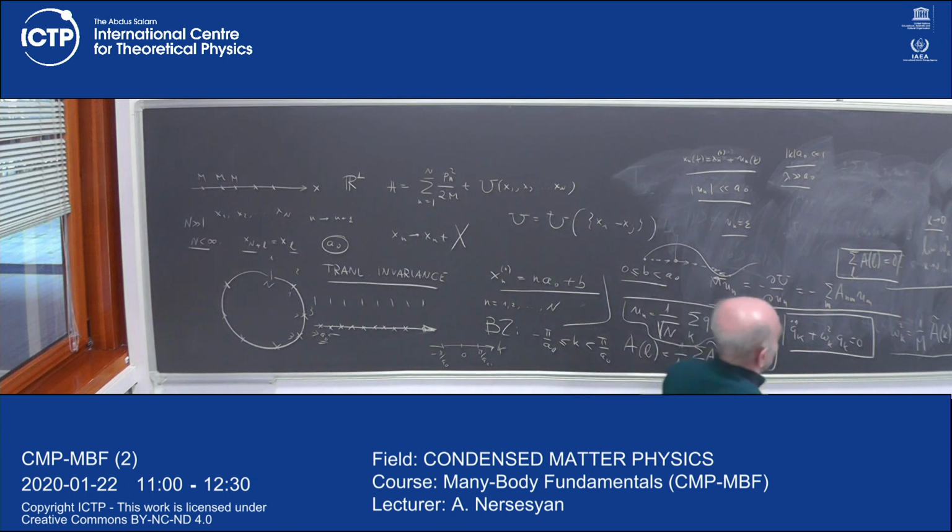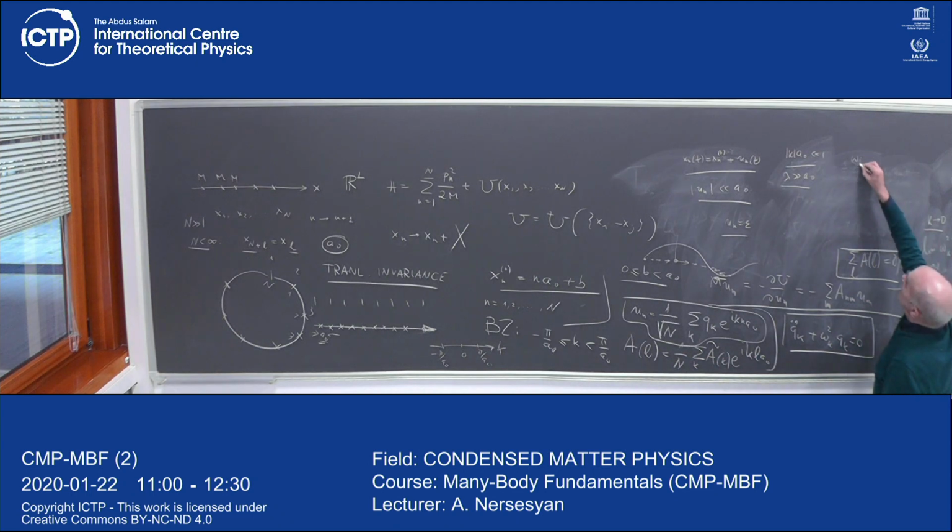In the small k case, I have to expand this, and I can see that omega_k squared is inverse mass. Here, first I will single out the term with L equal to 0, this A0.